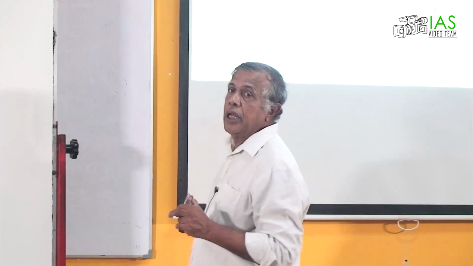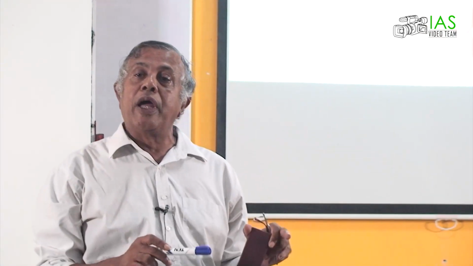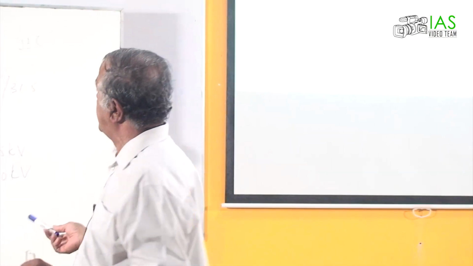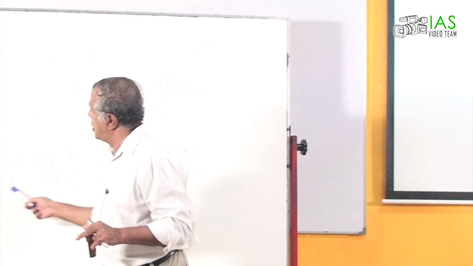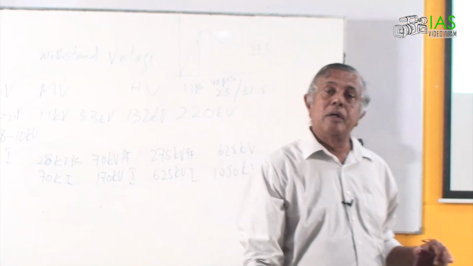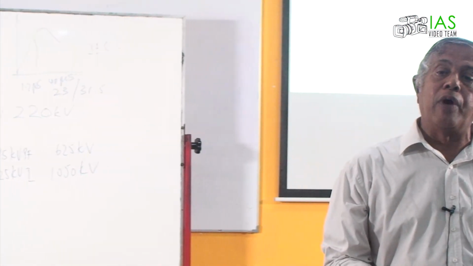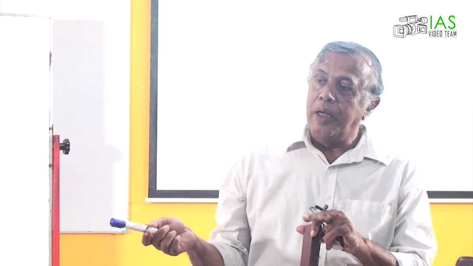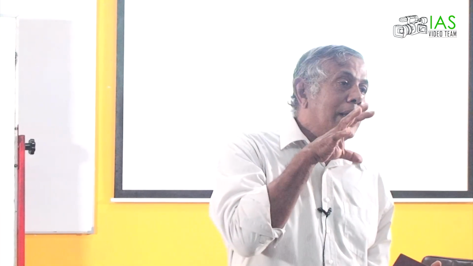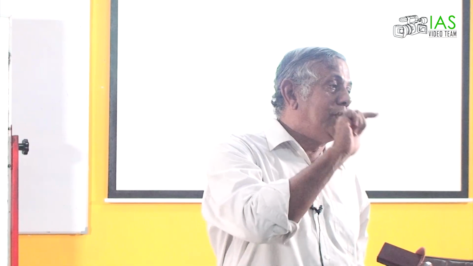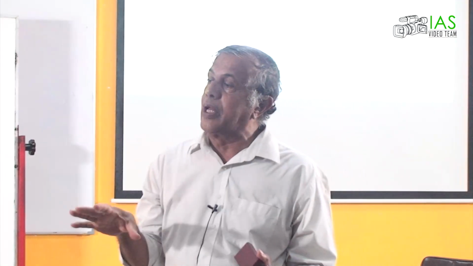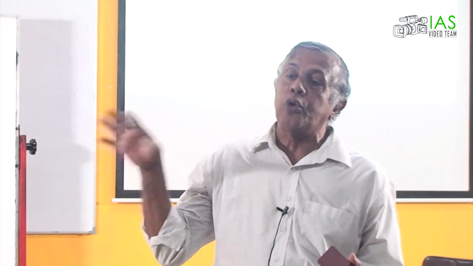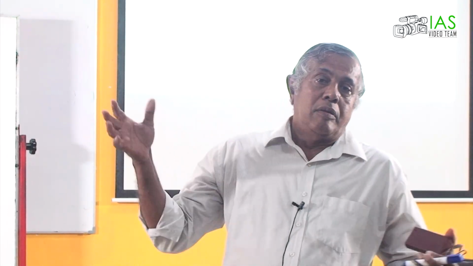He has given only 95 and 10. Impulse is 95 and impulse on LV is 10. So, on the nameplate, each value you read has a significance. You should know how to read it, and you can get the information with that.